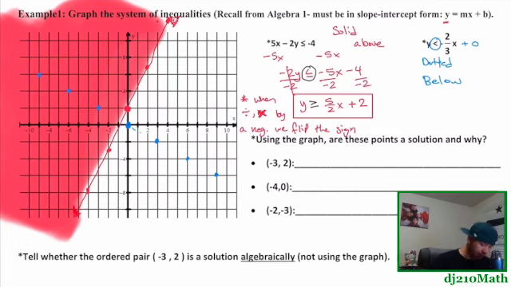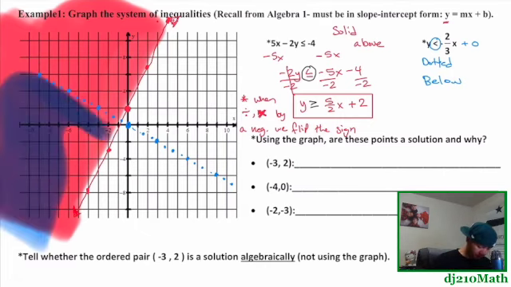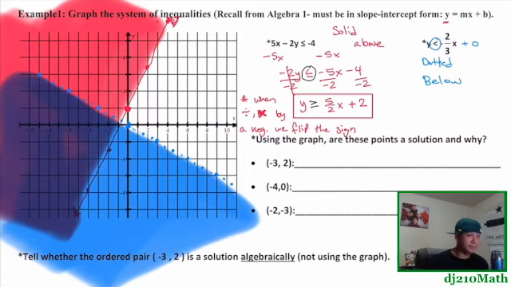And we said it was dotted. And we want to shade below. Below. And now you can see the overlapping part. So everything that is overlapping, including any solid lines, and excluding any dotted lines, but the overlapping part, that is definitely where the solutions lie.